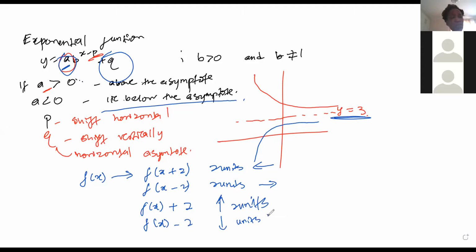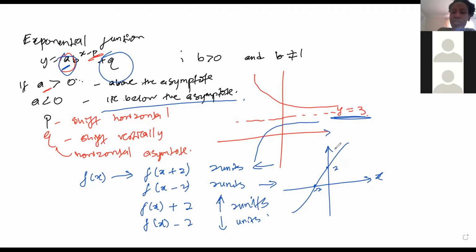Then there's also something called the reflection. If they tell you that your function is reflected about the x-axis, let's say you had the equation of a straight line there, here is minus 2, here is 2.